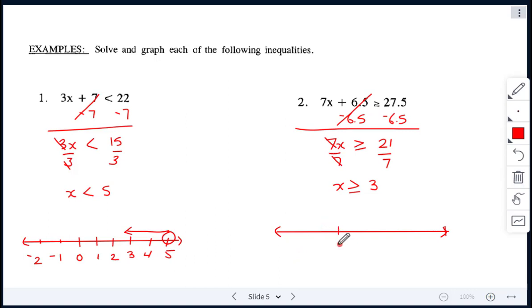So again, 0, 1, 2, 3, 4, and then I'll show some negatives on that side. And here's my 3. It's greater than or equal to, so I do have to fill in my circle. And greater than, we are going to be pointing it to the right side. This means that x can equal 3 or any number greater than 3. And that's how we show it on our number line.